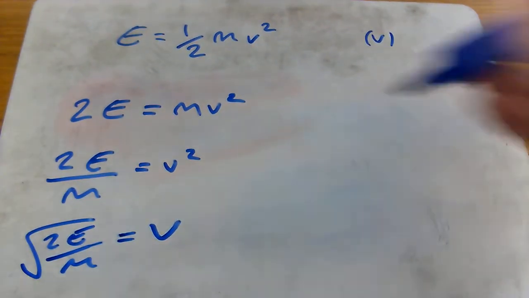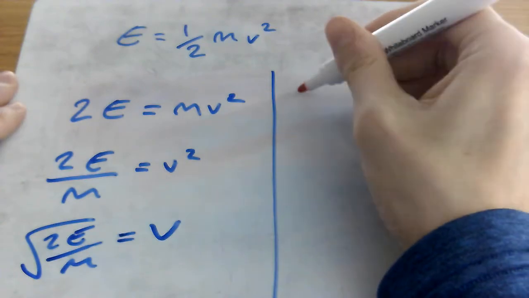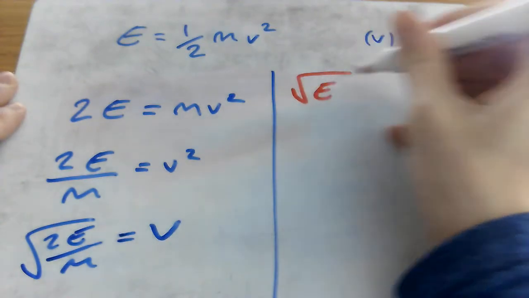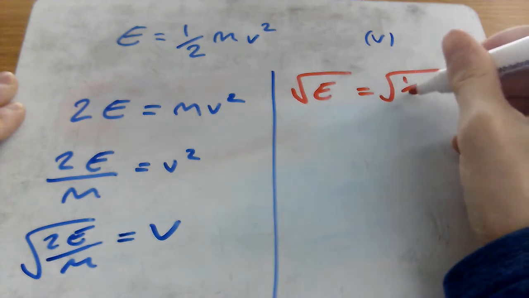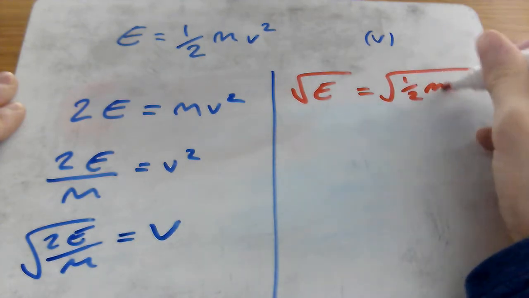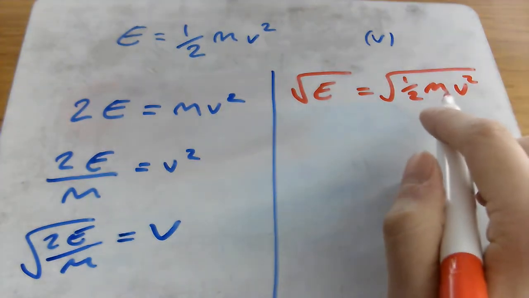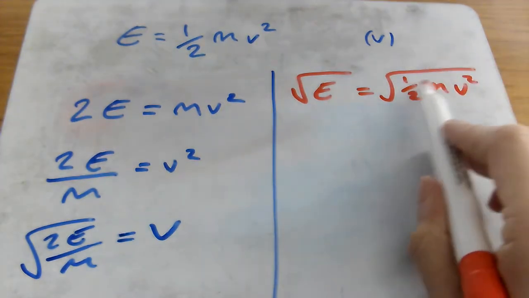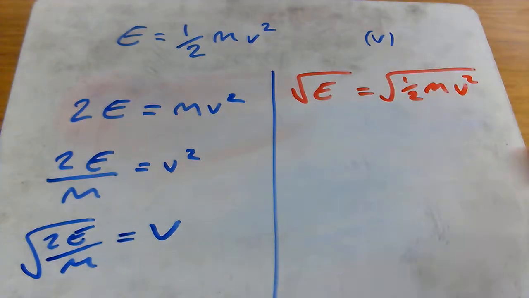Just for interest, let's have a look at what happens if we do start by square rooting. So we'd get square root of E, and then as I showed before, square root of everything on that side. Well, going back to the way surds work, you can break this up into separate square roots.